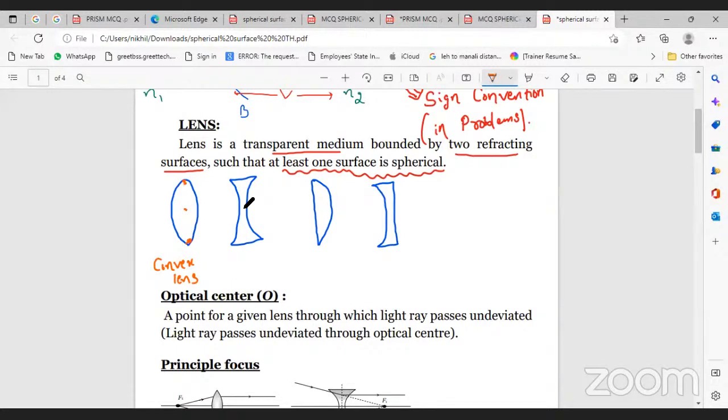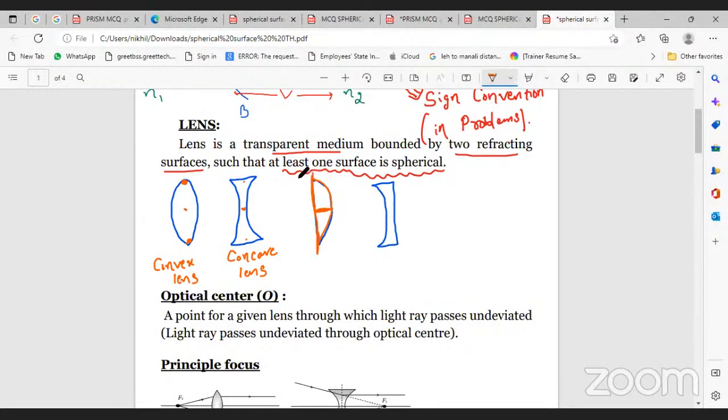The thickness at the center is less, but at the edges it is more. It is considered a concave lens. So one is a convex lens, the second one is a concave lens.